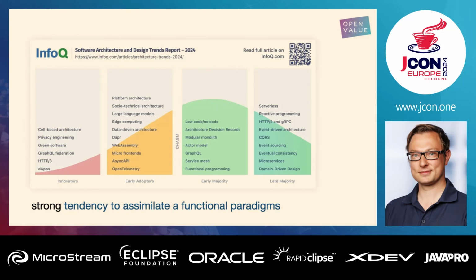A recently published study by InfoQ shows the tendency of software companies to assimilate functional programming approaches. It's like an Akka-like structure, actors, and also data-driven applications.